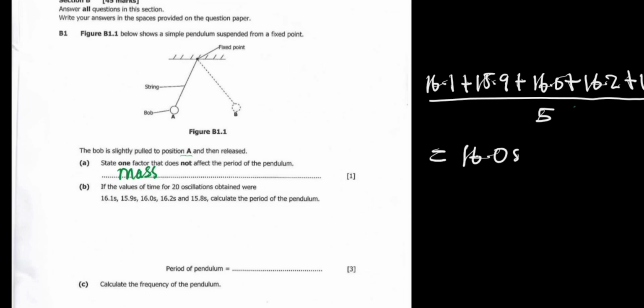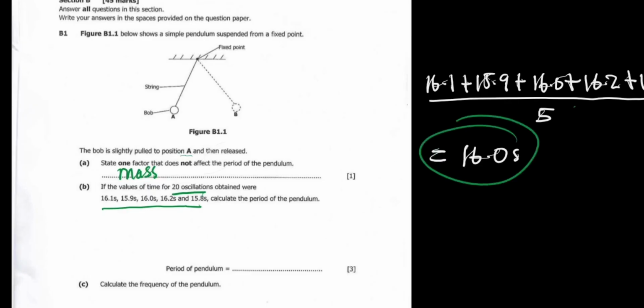So this is our time. In other words, it takes 16 seconds to make 20 complete oscillations. So here we have 20 oscillations and this is our time. The average of this is actually 16 seconds. Now to find the period of the pendulum, remember that it is the time it takes to make one complete oscillation.